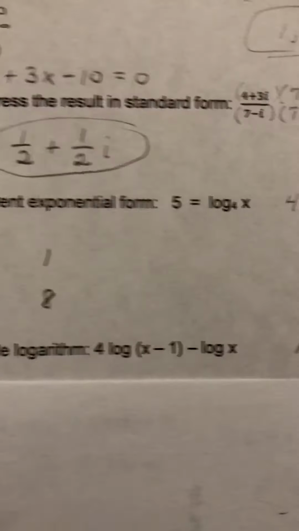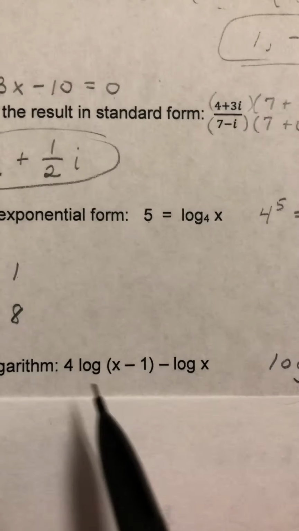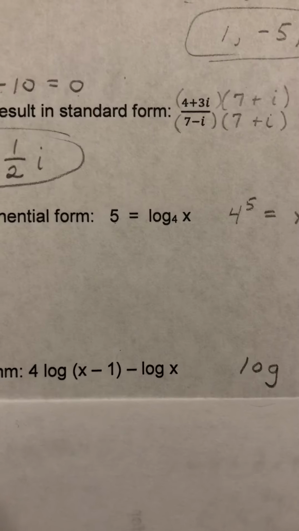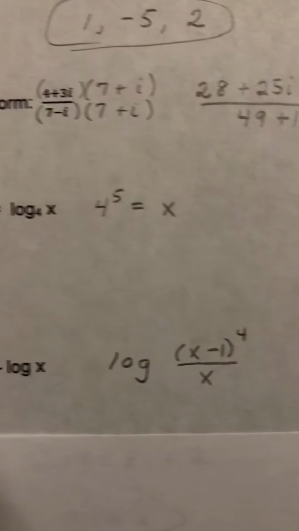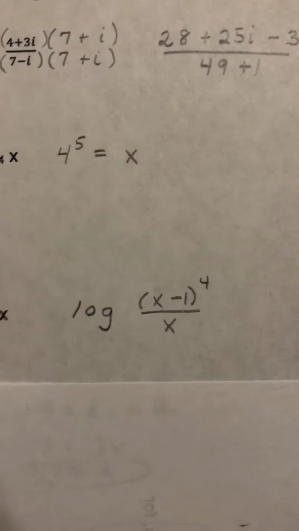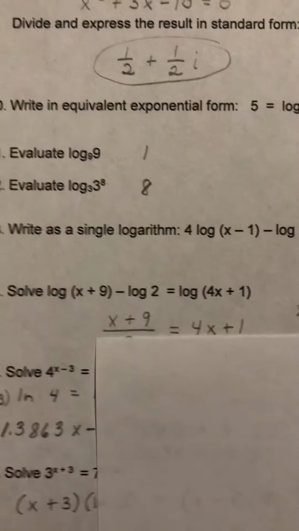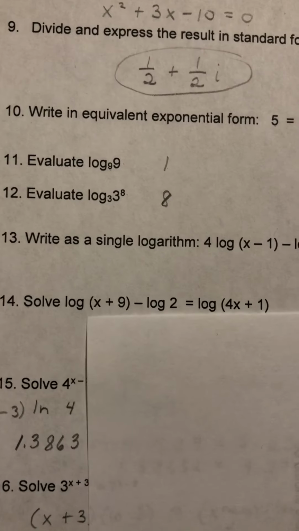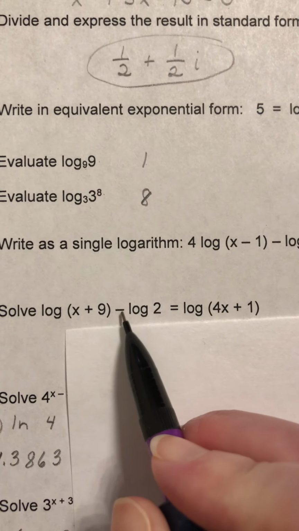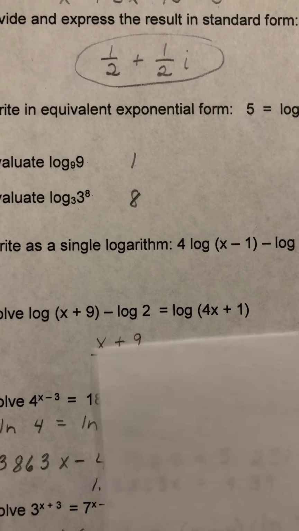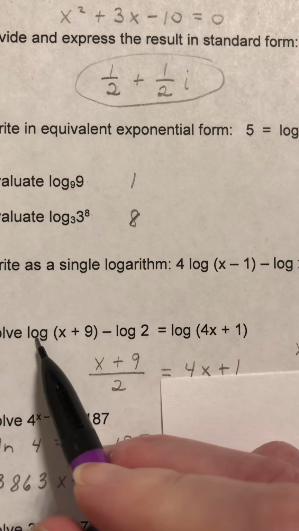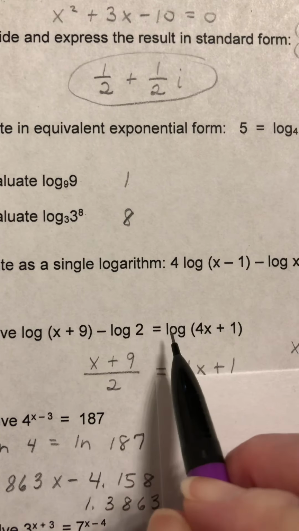Number 13, write as a single logarithm. Remember that this number out in front can become the exponent, and then when you subtract, you divide. So it becomes this. To solve, we want to combine these two together using division because of the subtraction. And then you'll get log of this equals log of this.